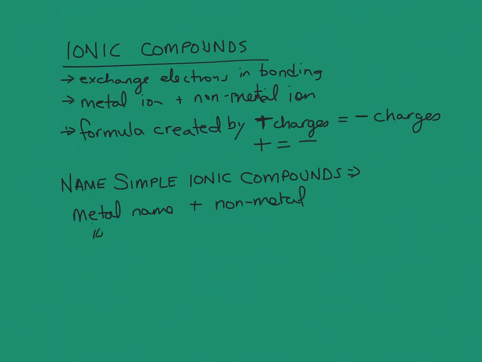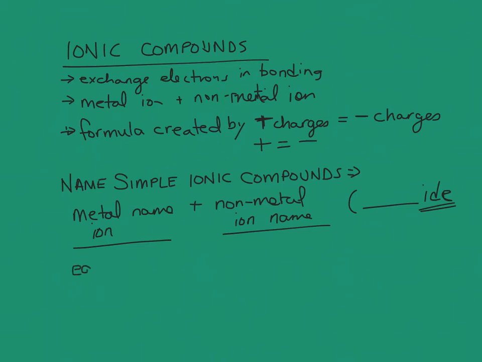So the metal ion name plus the non-metal ion name together. And the non-metal is basically the non-metal element name that ends with "ide." Okay? So you want to think of it as the metal ion name, which is just the metal name, and then the non-metal ion name, which is the non-metal, but it says "ide" at the end. Okay?